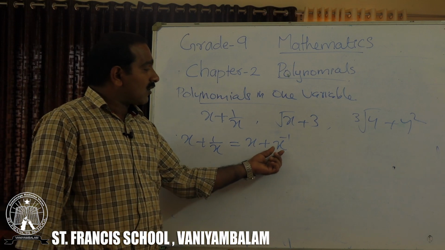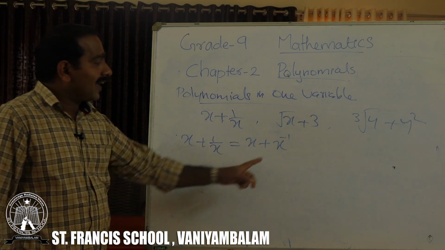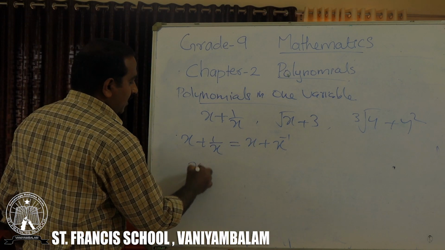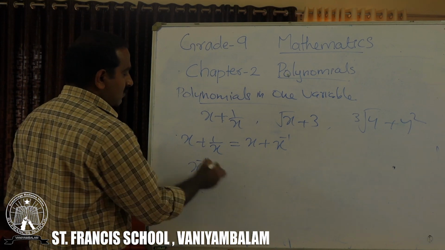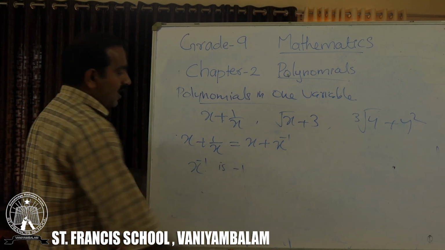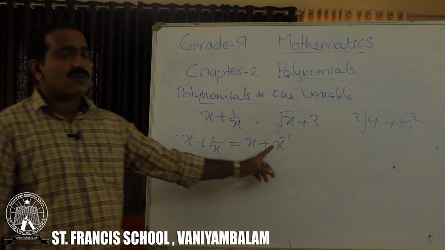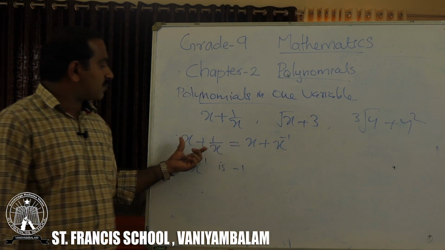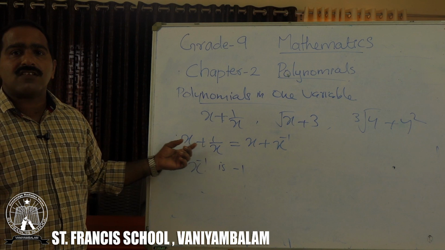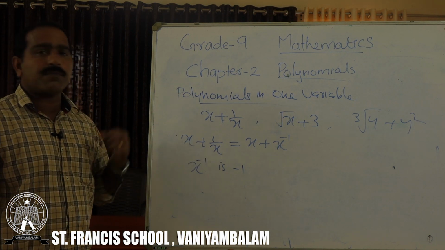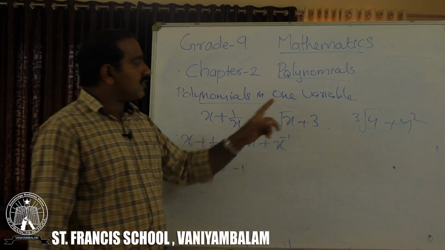Then what is the exponent of the second term? x raised to minus 1. Its exponent is minus 1, and we know that minus 1 is not a whole number. So this expression x plus 1 by x is not a polynomial. Then what about the second algebraic expression?